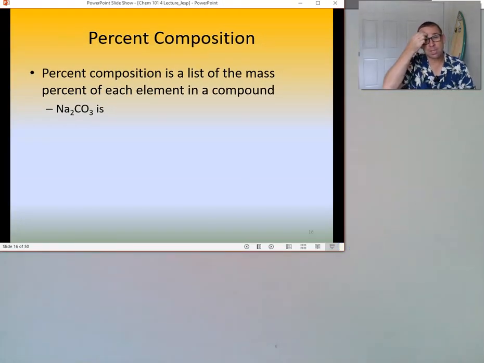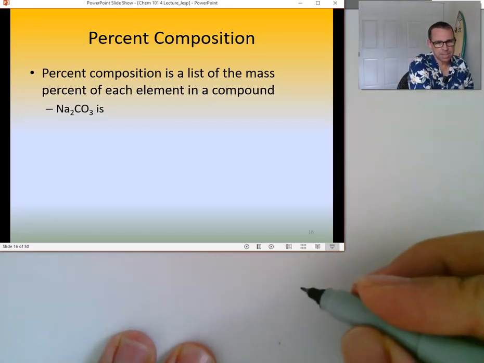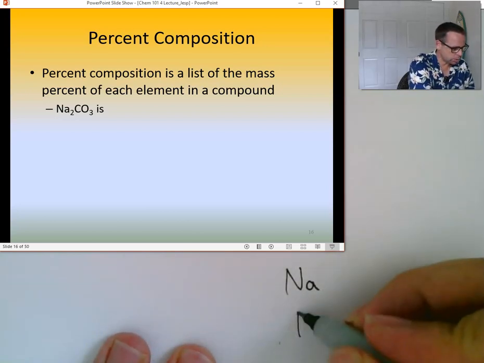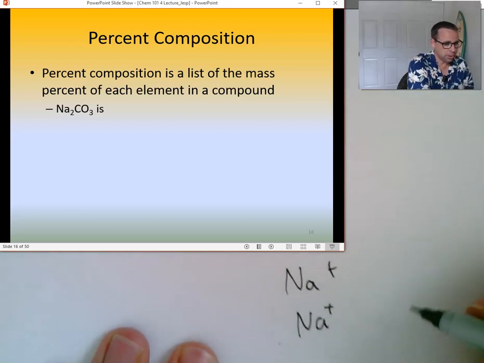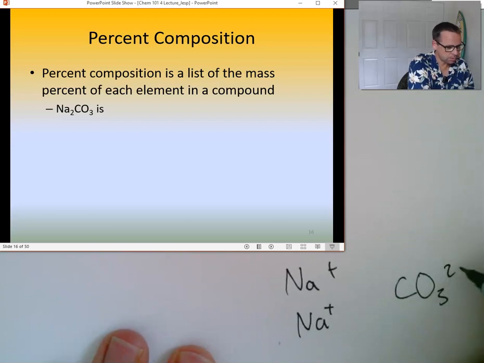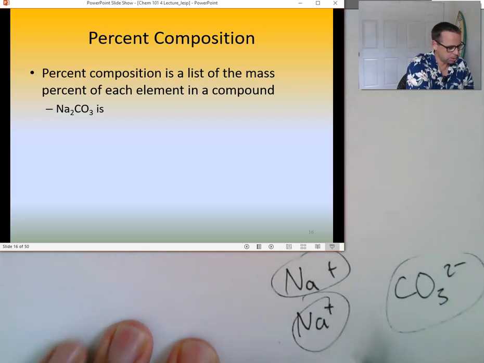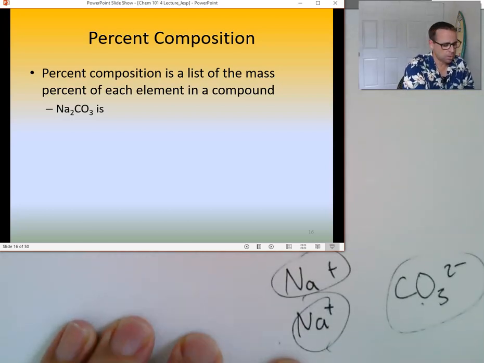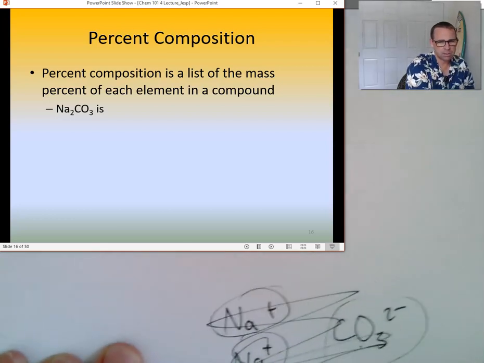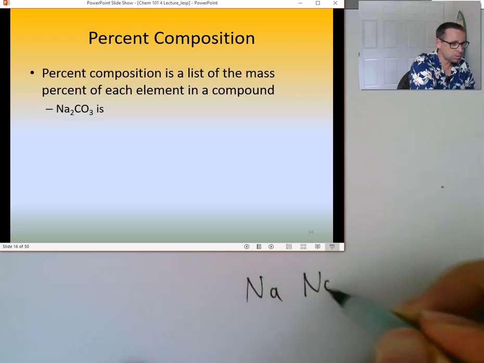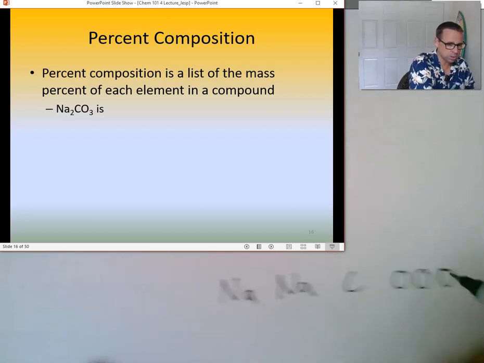Now, percent composition is always mass. Somebody might be tempted to say, oh, what percent is sodium? Well, there's 2 of the sodium ions for every 1 carbonate, right? You might think of it that way and say, oh, it's 2/3, so it's 66%. Or you might say something like, oh, there's 2 sodiums, 1 carbon, and 3 oxygens.